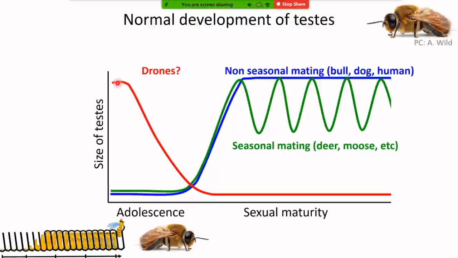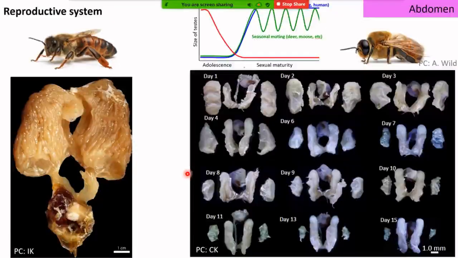And as the drones mature, the testes decrease in size because the sperm moves from the testes into the tubular part of their system. And therefore, one of the projects that Dr. Colby Klein did in our group, he carefully dissected the reproductive system of drones at different ages of their development. So from day 1, 2, 3 to day 15.